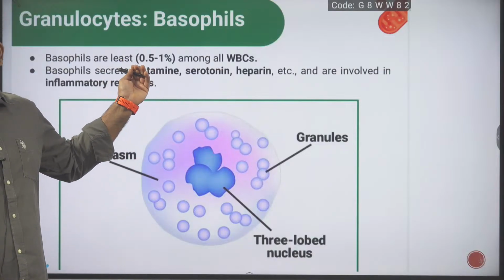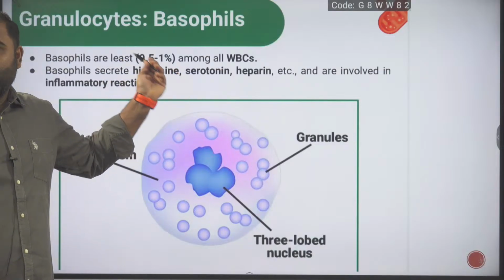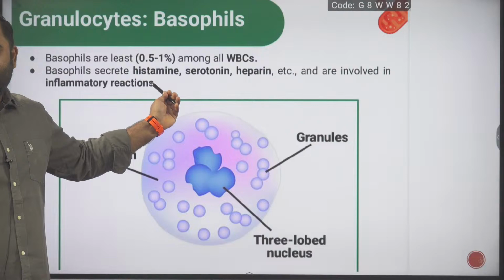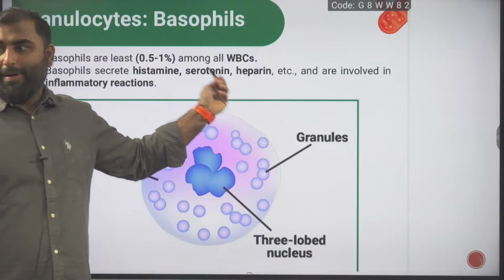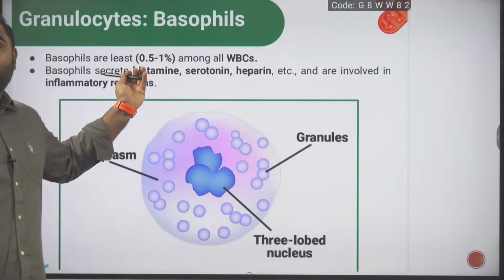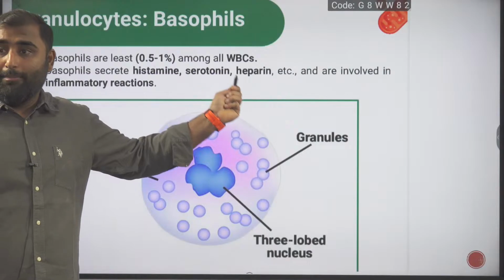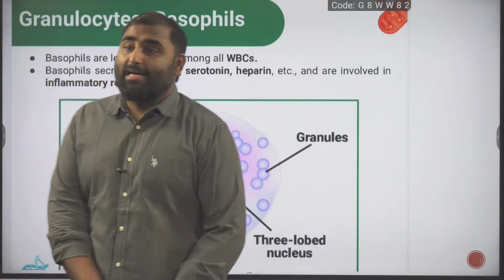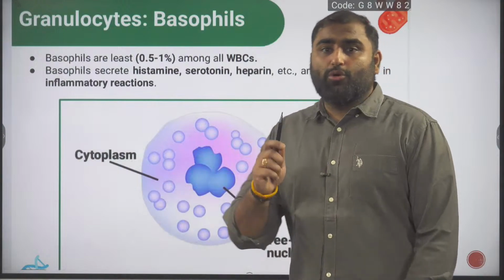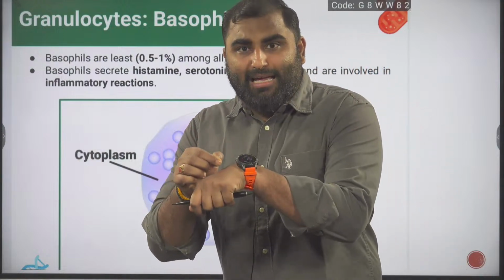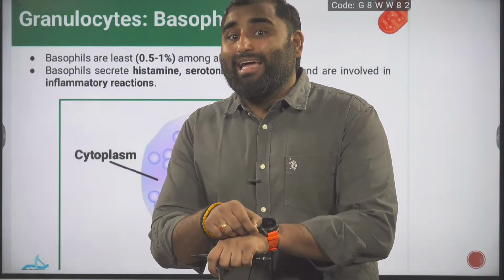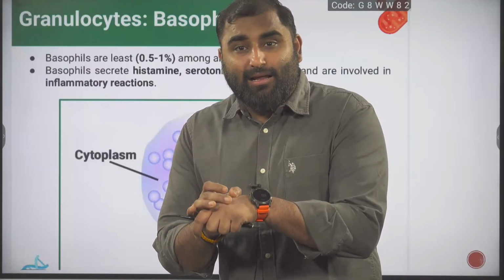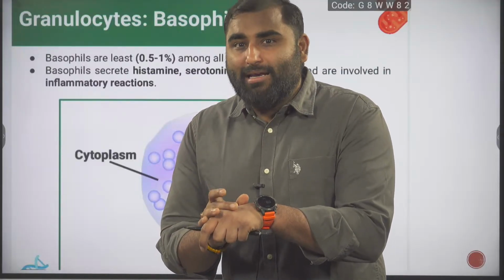What do basophils secrete? Very, very important. Basophils secrete histamine, serotonin, heparin, which are involved in inflammatory reactions. If you get any injury or cut, you can see redness, swelling and pain in that area.